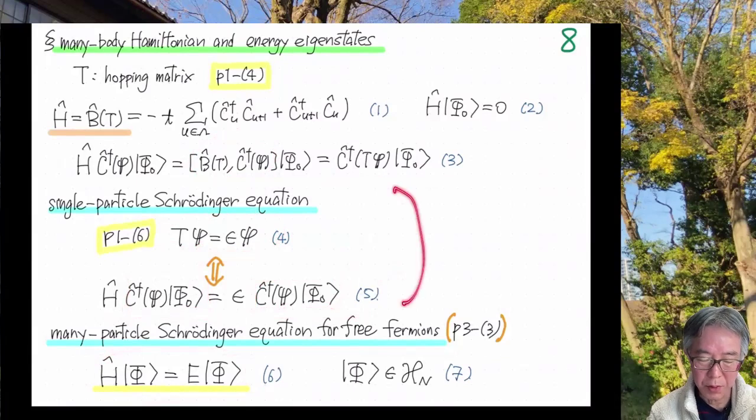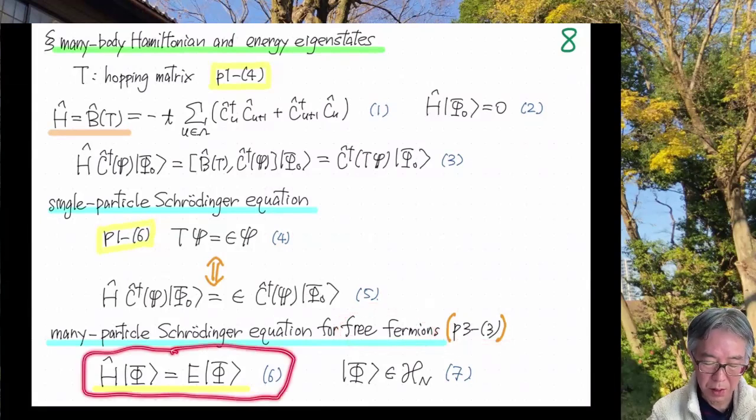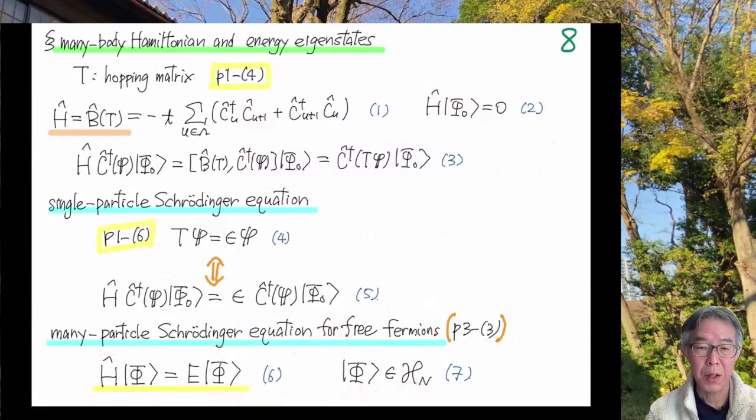So this was only for the single particle case, and there is a slight logical gap here, but you can easily convince yourself that the many particle Schrödinger equation for free fermions that we discussed on page 3 is written in this language like this, okay, for any n particle states.